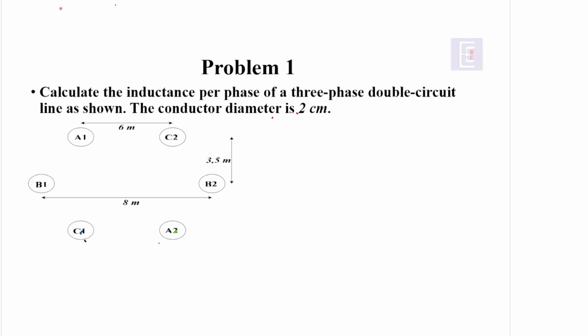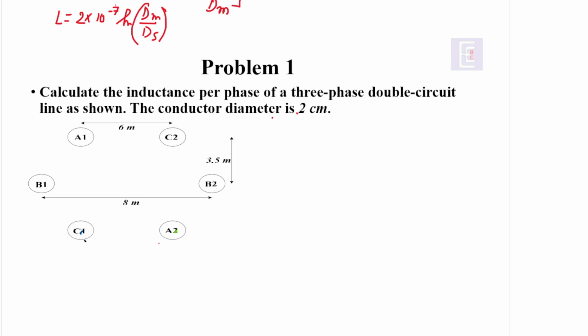Now you have a formula L is equal to 2 into 10 to the power minus 7 ln dm by ds. Now, in order to calculate this dm, you should know the following. What is dm? It is the mutual distance between two phases.